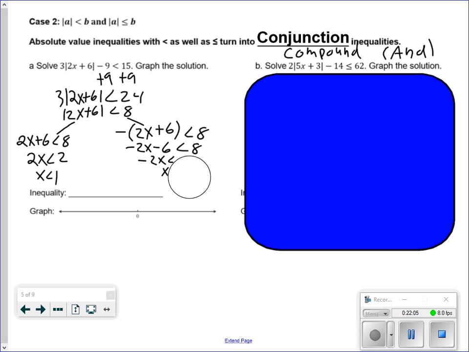Let me make that 7 a little better looking. Let's just redo this whole thing. Sorry about that. I'm just going to redo this really quickly. There we go. So that's what we get. These are my two inequalities. X is less than 1. X is greater than negative 7.